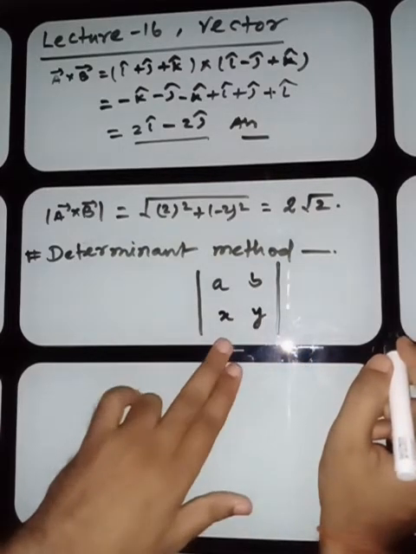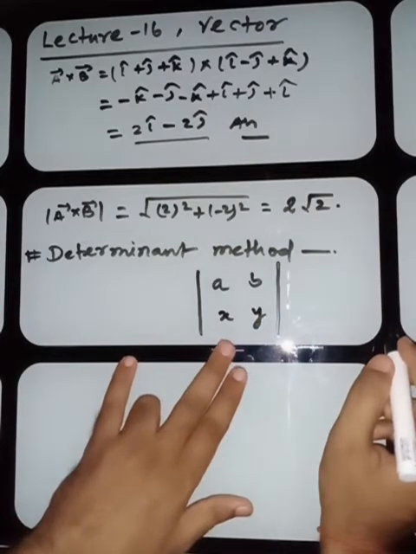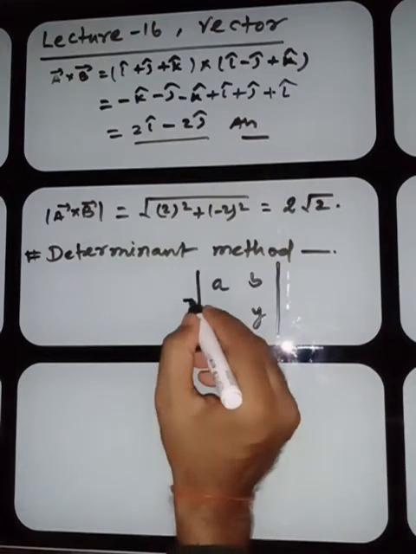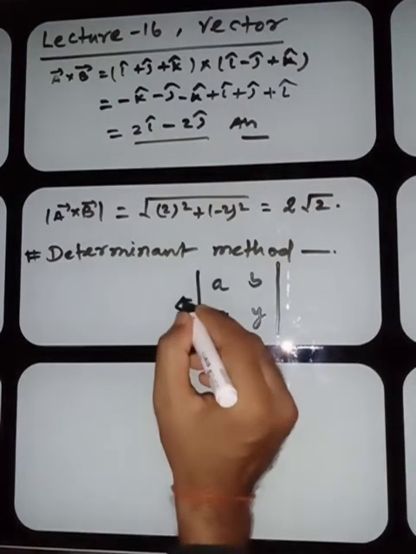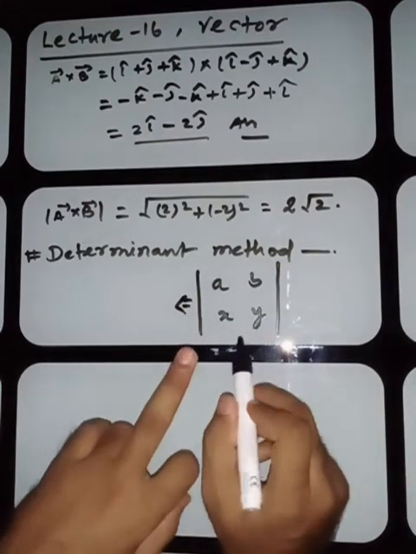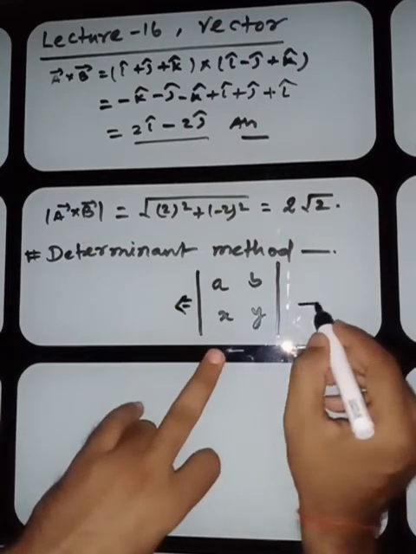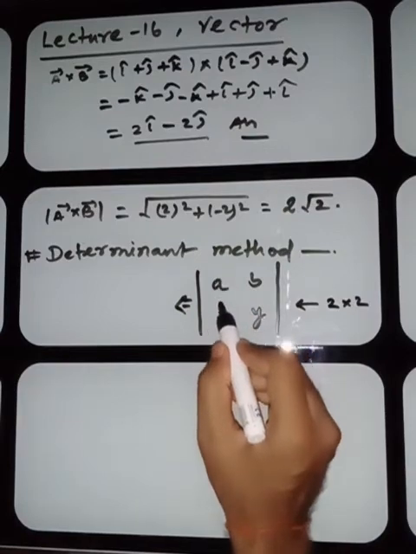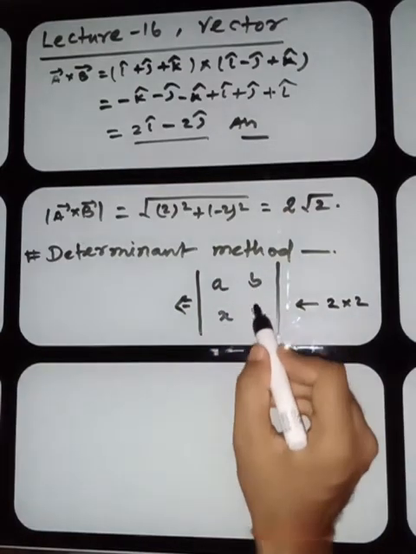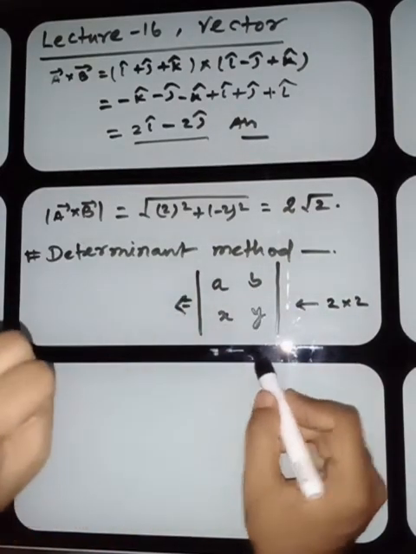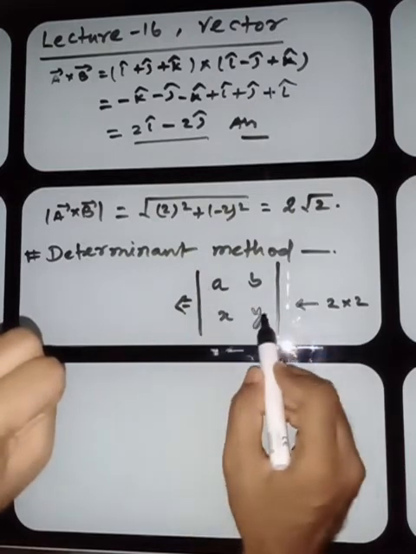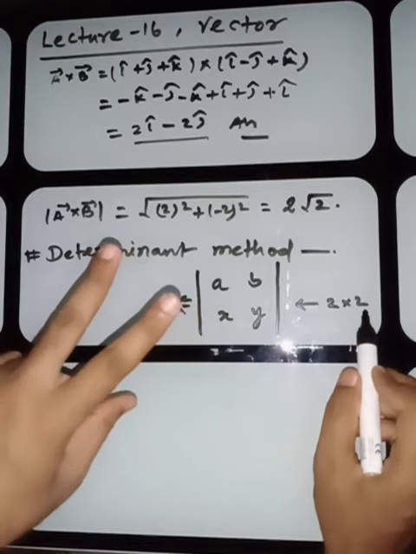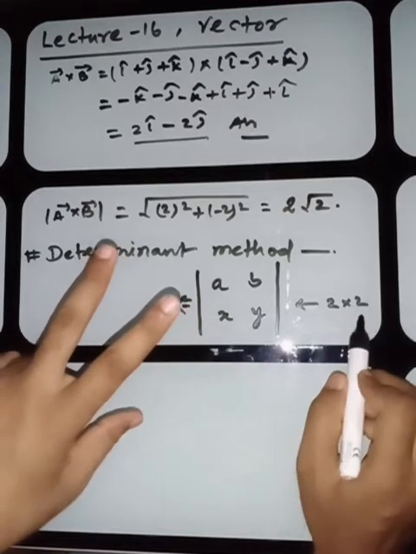What will be the solution of this determinant? This is the 2 into 2 determinant. This is called a column, so you have 2 columns, and this is called a row, so you have 2 rows. That's why we have written 2 into 2: 2 columns, 2 rows.